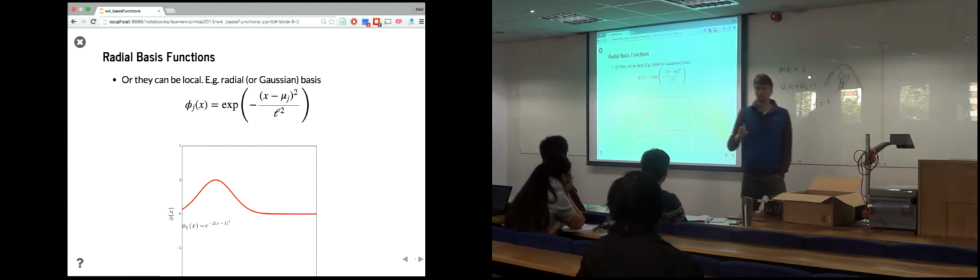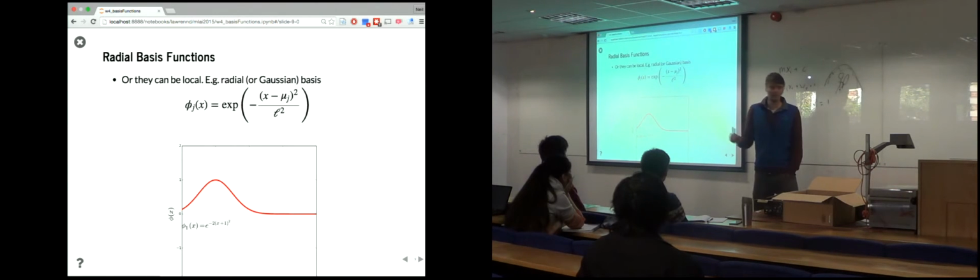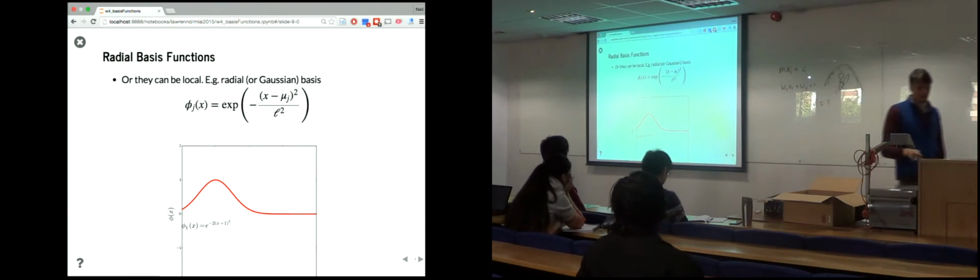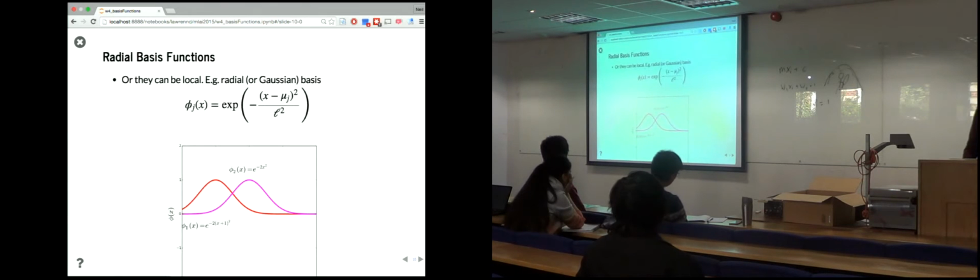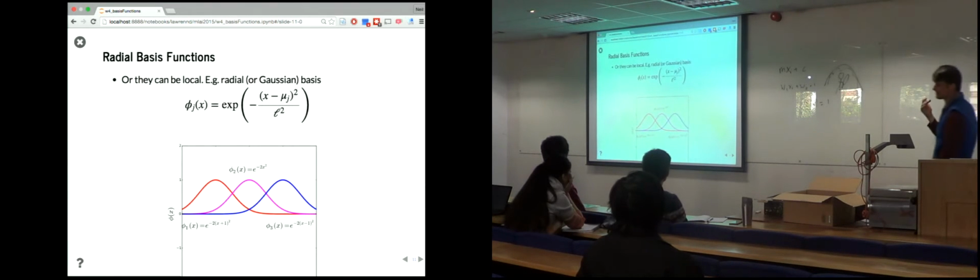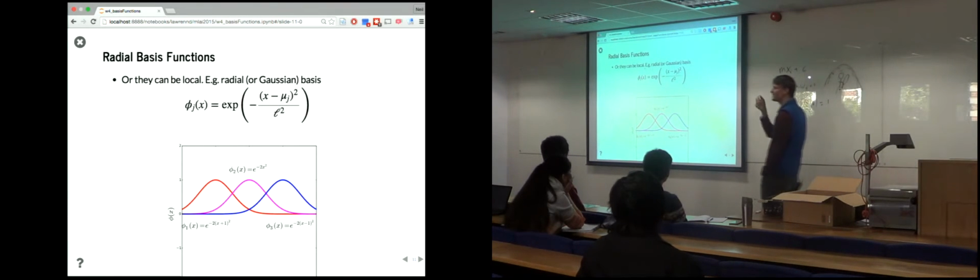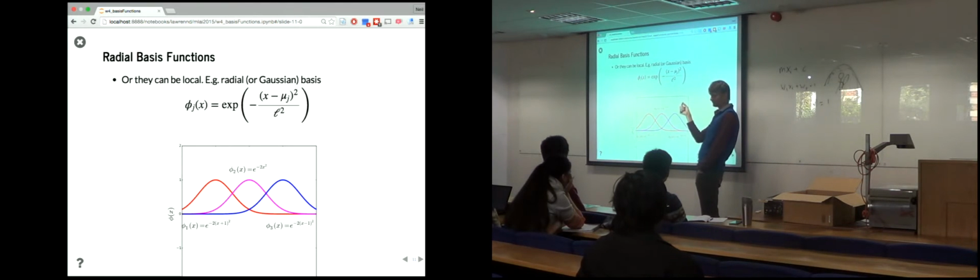So I've got one basis function. Now this basis function has a parameter, its location, where it's centered. And what I might do, if I was using these sort of bases, is I would locate them at different places. The previous basis function also had a parameter. That was the degree of the polynomial. So each basis function itself, phi, had a parameter which was either 0, 1, or 2.